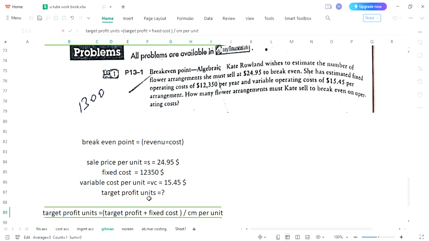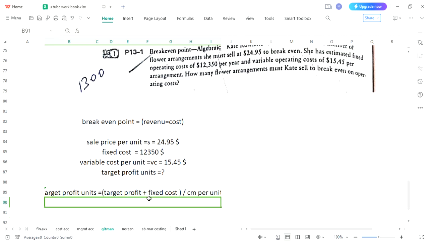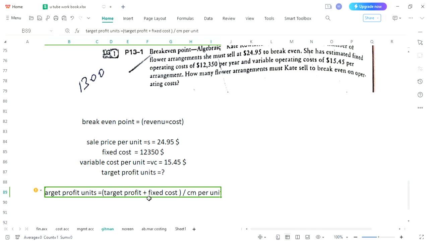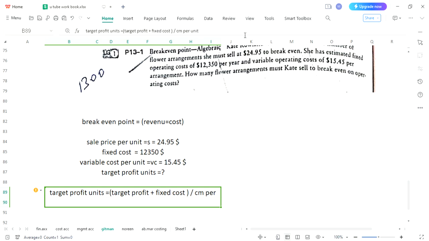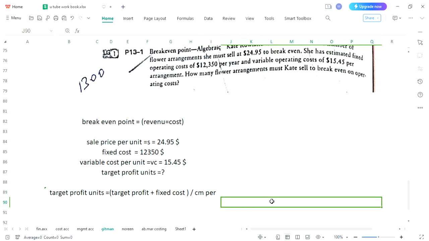This is a new word and you may have less idea about that. So we have our target profit, which is unknown, plus fixed cost, and it would be divided by CM per unit. So we need to calculate our units.